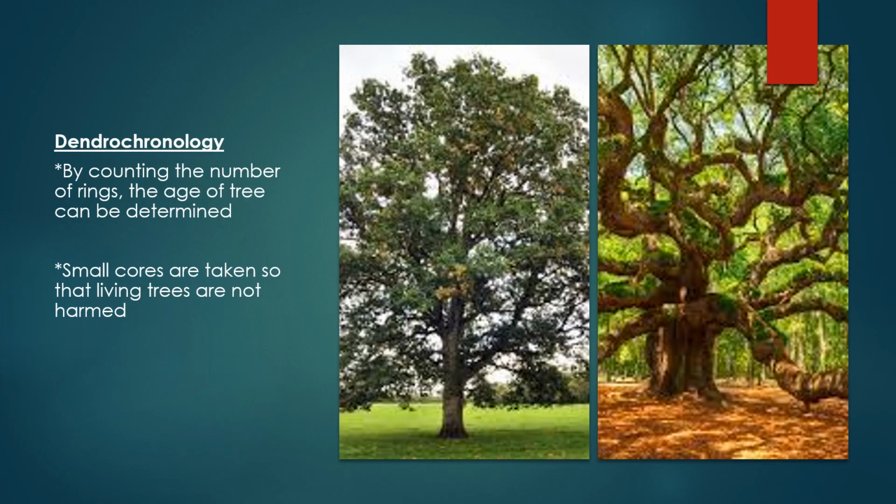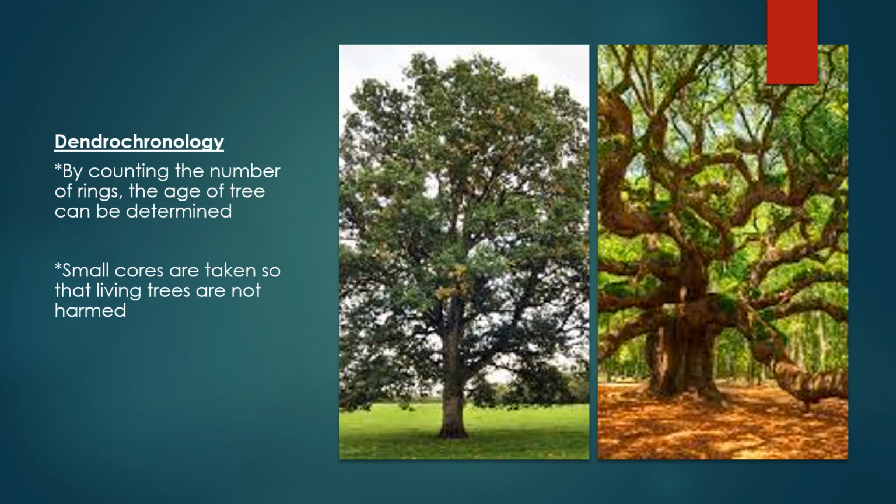First way is through dendrochronology, or simply put, by looking at tree rings. Now, when we were very little, we learned that if you cut a tree down and you count the rings within that tree, what does it tell us? The age of the tree, yes. But those tree rings can tell us much more. We're not going to cut down a 1,000-year-old tree just to look at information from past climate.